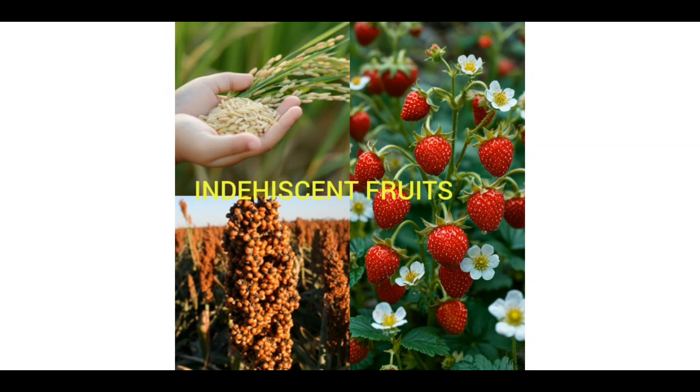Caryopsis. Examples: rice, millet, guinea corn. 3. Cypsela. Examples: Tridax fruit, Emilia fruit. 4. Achene. Examples: strawberry, sunflower. 5. Samara. Examples: combretum and pterocarpus.